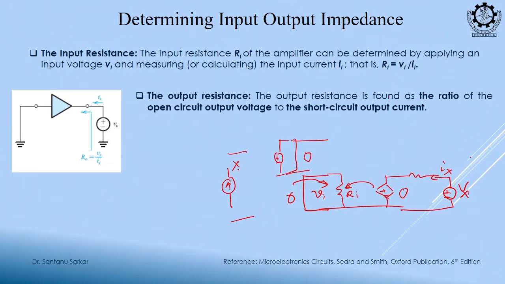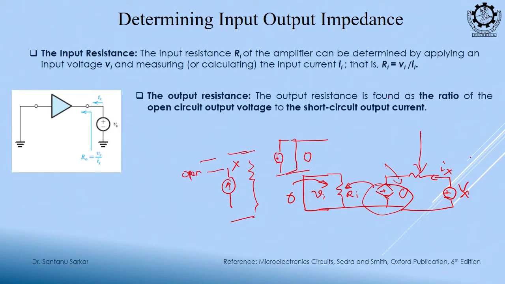But if it is a current source, as this is a parallel connection, we have to make it open. So, ultimately what is our aim? No effect should come from this side, we are only interested in this side. Okay, that is the thing.